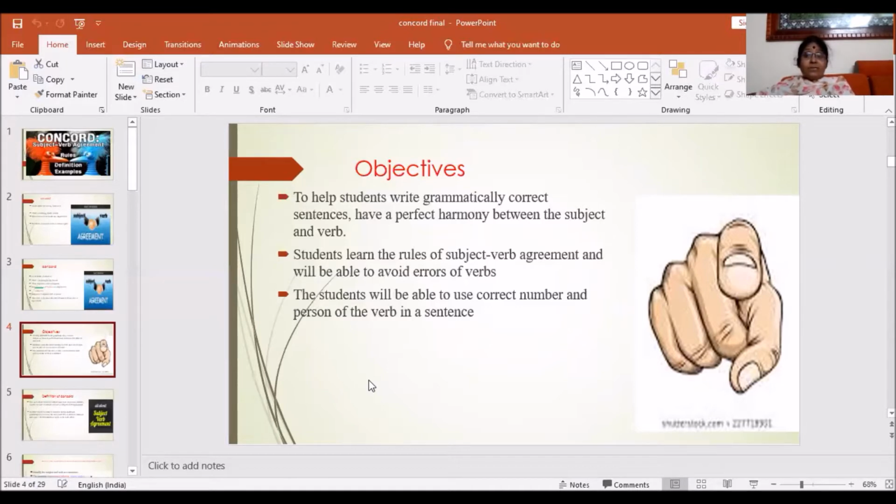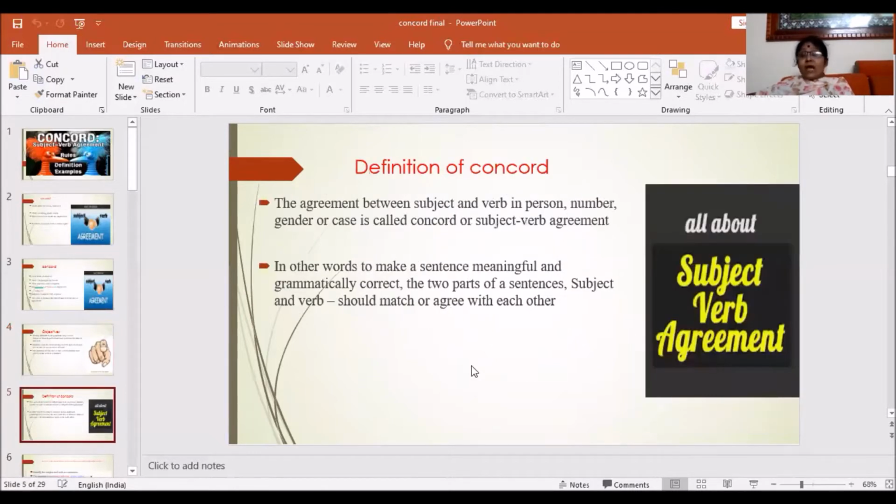You will learn the rules of subject-verb agreement and be able to avoid errors of verbs. You will be able to use the correct number and person of the verb in a sentence. Not only that, you will be able to speak effectively if you have a command over subject-verb agreement. Is it clear? So, now we'll start off with the definition of CONCORD.